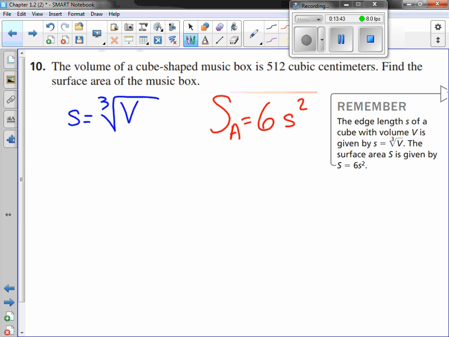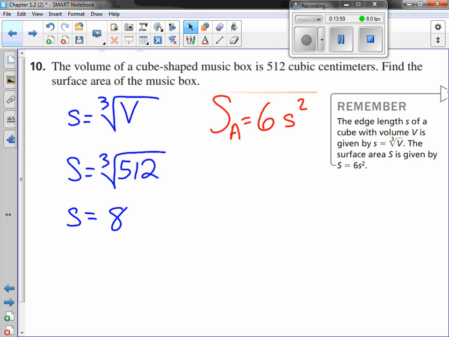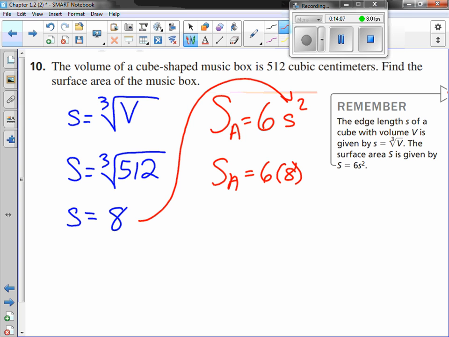So what's the volume? It told us it's 512. So S is equal to the cubed root of 512. So we can grab our handy-dandy calculator and do the cubed root of 512. And the cubed root of 512 is 8. And now we can take that 8 and plug it in for S. So our surface area is equal to 6 times 8 squared.